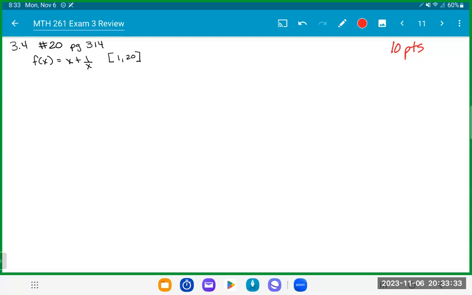So in this case, we have our derivative is equal to 1 minus x to the -2, which is the same as 1 minus 1 over x squared. And so f prime does not exist for x equal to 0, right?